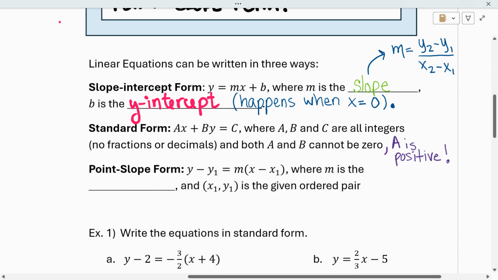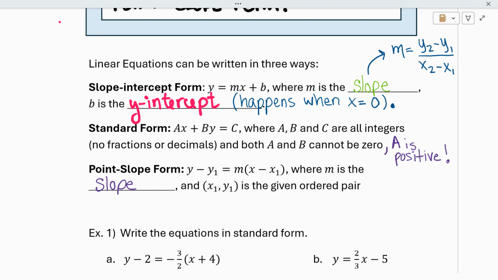Okay. And then point slope form, probably one of my most favorite ways to write a linear equation. y minus y sub 1 equals m times the quantity x minus x sub 1, where m is our slope, and the x sub 1, y sub 1 is a given ordered pair.